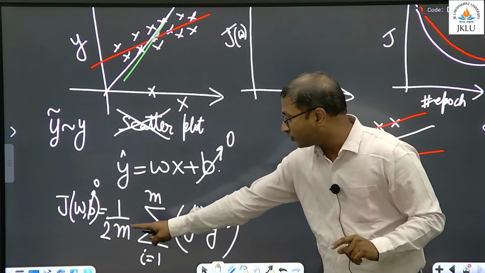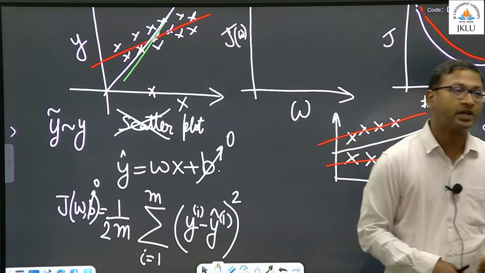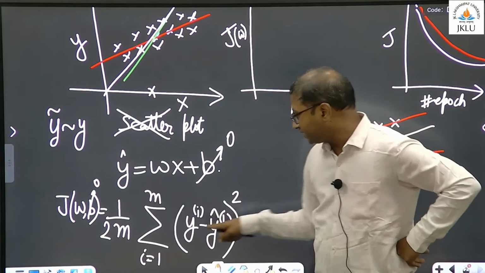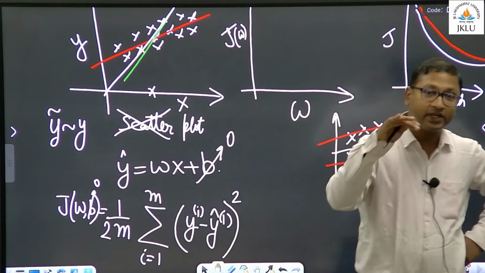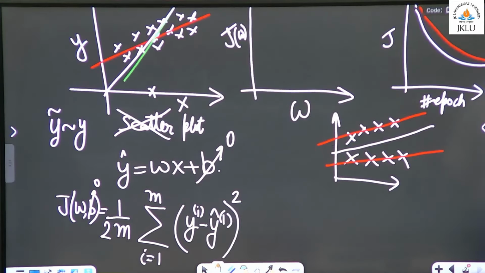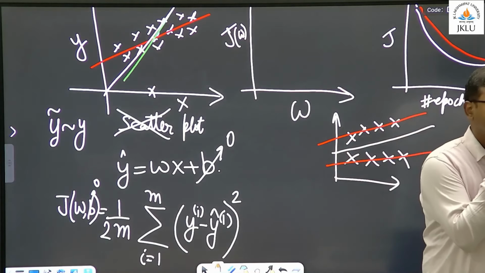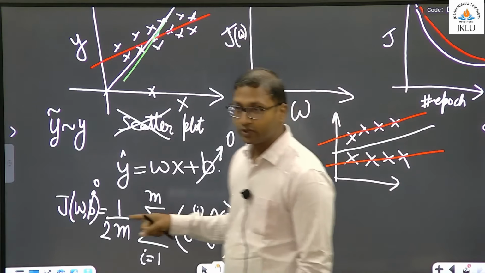I want to get rid of this 2 in the very next step, so just multiply by 1/2. The moment you differentiate this, the 2 comes down, 2 cross 1/2 cancels out in the very next step, and this is the reason why you have it there. Okay? Any questions about this?